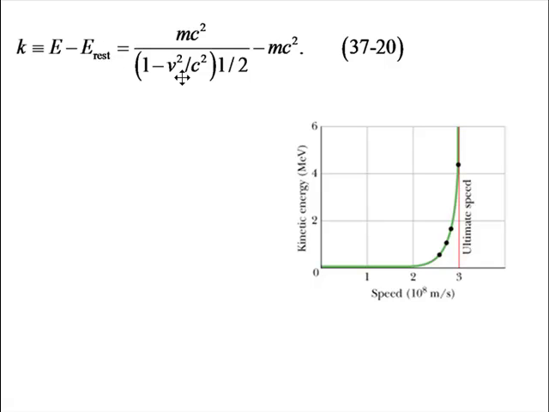In this form, I can see that as the speed gets closer and closer to the speed of light, it asymptotes very quickly to infinity. That's just what we talked about at the beginning of the chapter, that as we get closer and closer to the speed of light, the kinetic energy stops going like mv squared and starts to grow very rapidly.